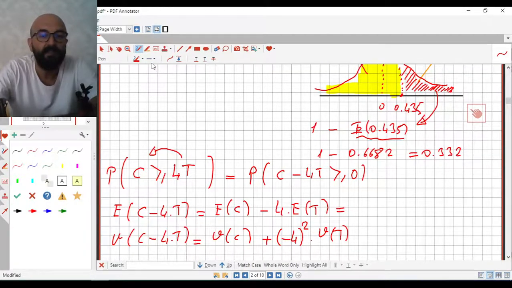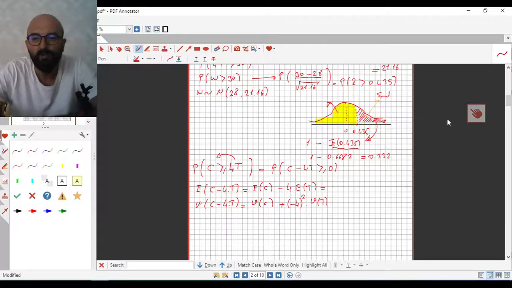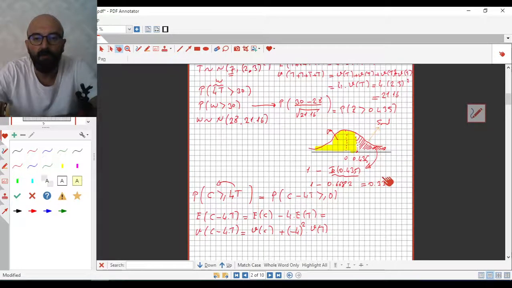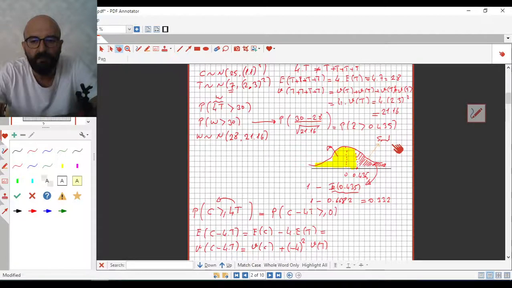So, now I want to look at the values here.